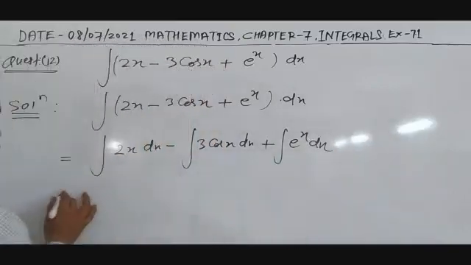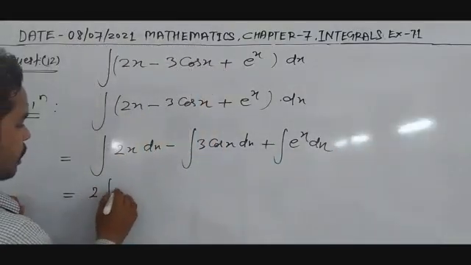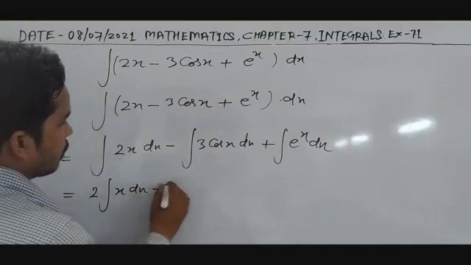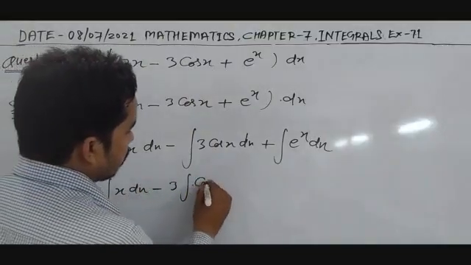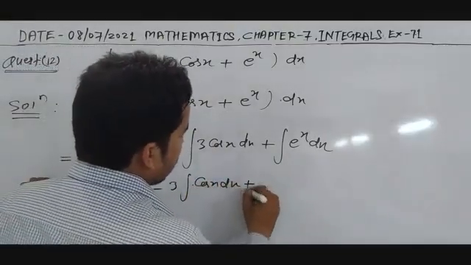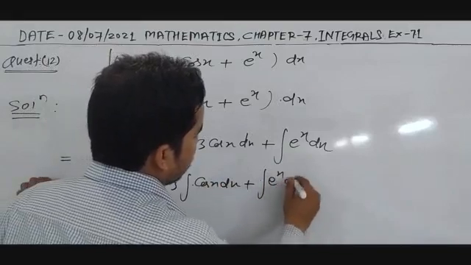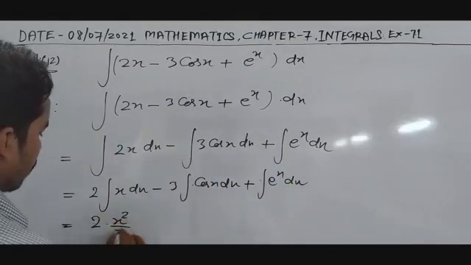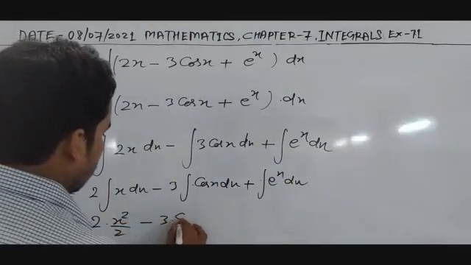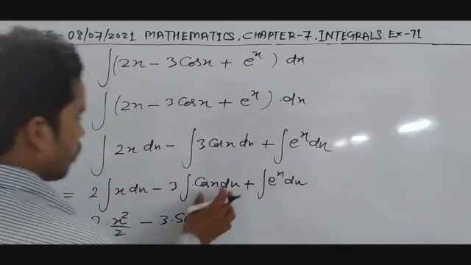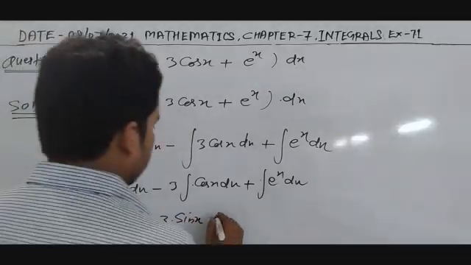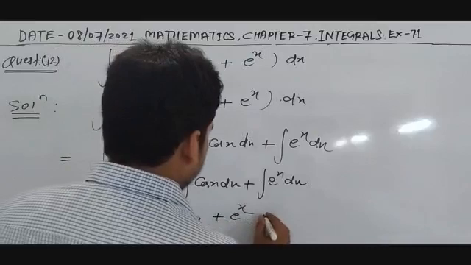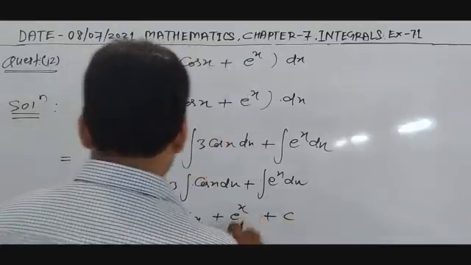dx. Now 2 times integration over x dx minus 3 times integration over cos x dx plus integration over e to the power x dx, and its result will be 2 times x square by 2 minus 3 times sin x, because cos x integration is sin x, and plus e to the power x, and next plus c.